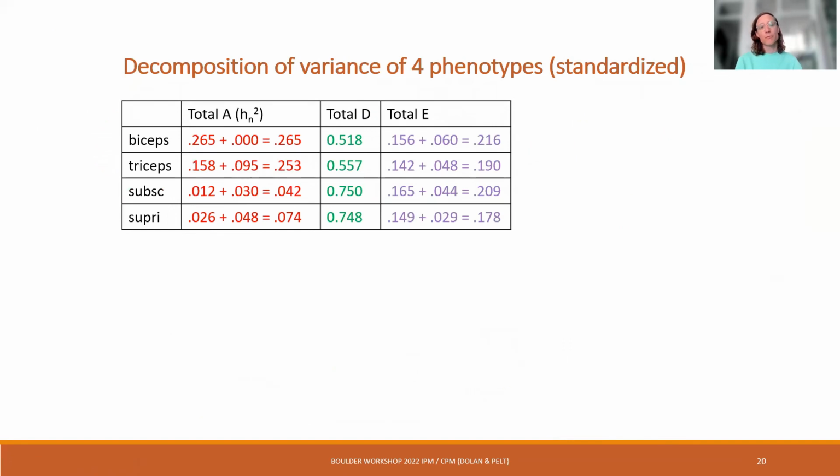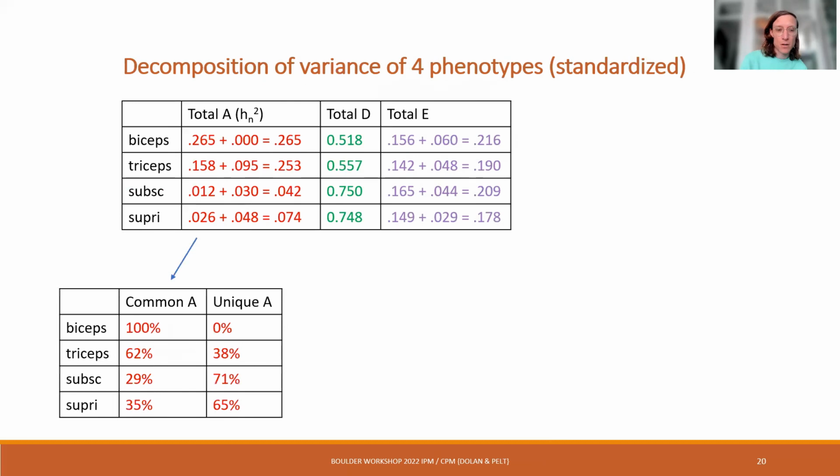Another way of expressing or communicating your results is to express the common and unique effects in percentages for each of the variance components separately. Here, for example, I've done this first for the additive genetic effects. We fixed the unique additive genetic effects on biceps to 0, remember?